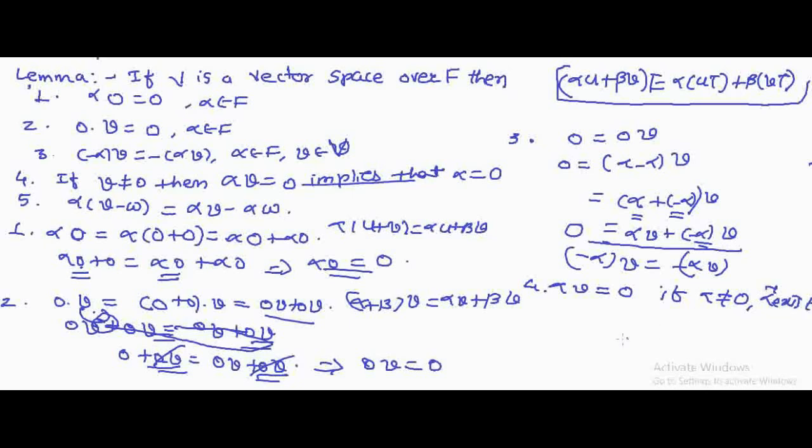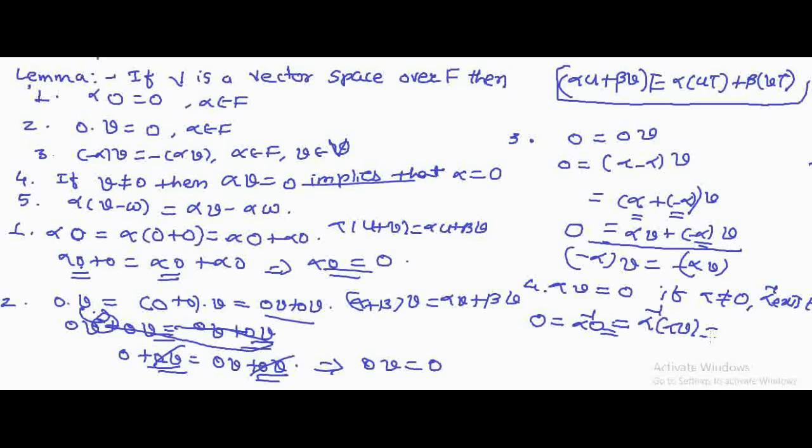Alpha non-zero means alpha inverse exists, and again apply the first condition. By first condition we write alpha inverse into 0, 0 equal to alpha inverse into 0 by first condition.